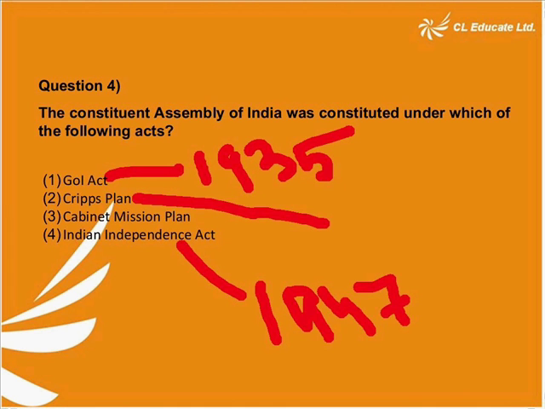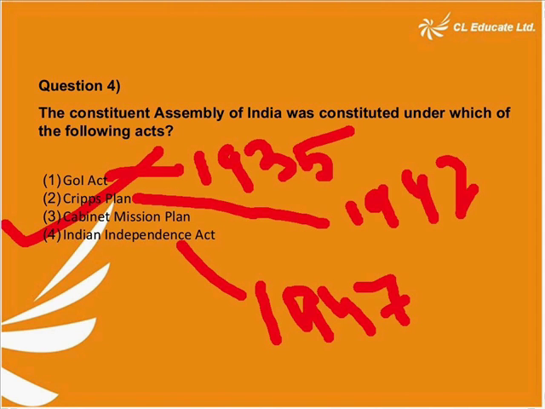Who was the chairman of the drafting committee of the Constituent Assembly? I hope most of you must be knowing this. A lot of you are giving the answer. Rajendra Prasad was the president earlier, but it was B.R. Ambedkar, of course. Most of you are correct.